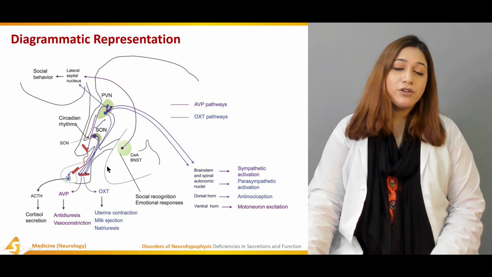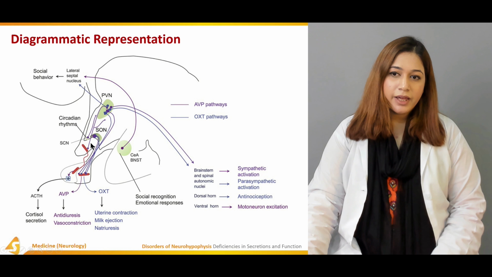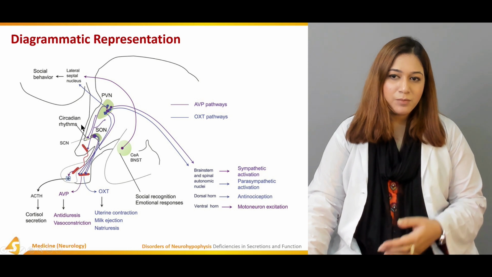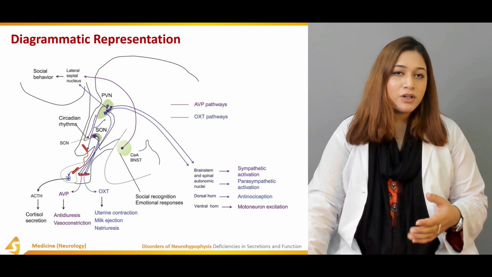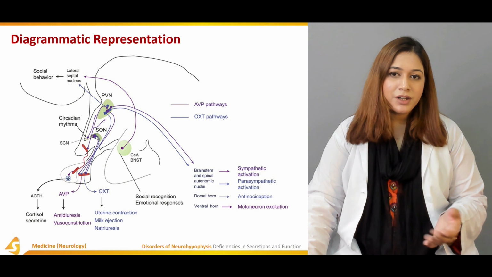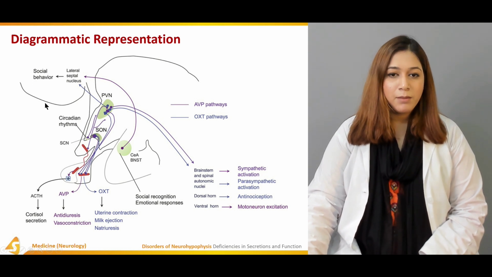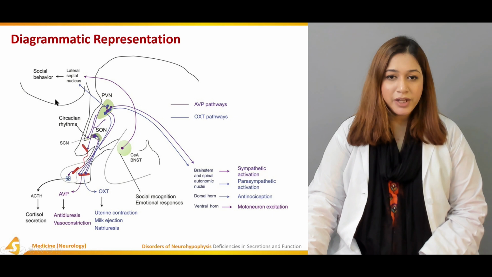Axons of parvocellular oxytocin and AVP neurons are distributed in several areas of CNS. Now, what are their functions in other areas? These neuropeptides modulate several functions that include the social behavior of a person by acting on the lateral septal nuclei.